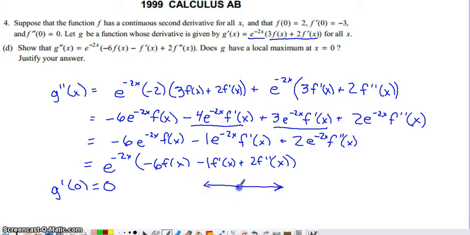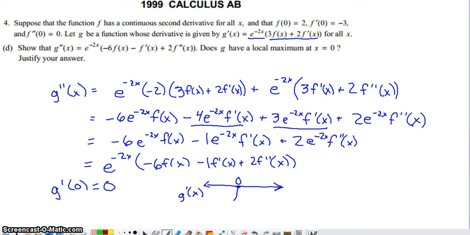It would have a split value at 0. Now we'd have to find a way to determine the sign of g prime to the left of 0 and the sign of g prime to the right of 0. And if we had a plus here and a minus here, the function would go from increasing to decreasing, leaving us with a local maximum at 0.